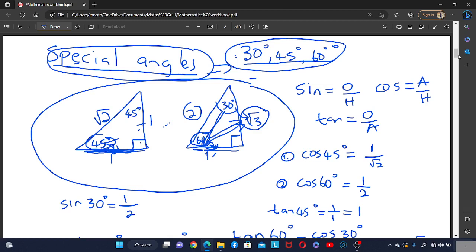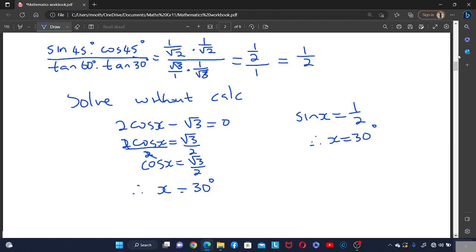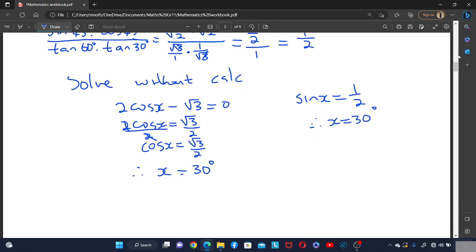And you know that sine is opposite over hypotenuse. So because it's 1 over 2, this means that the opposite angle is 30. So therefore, x is equal to 30 degrees, right? Yeah, it's like that.